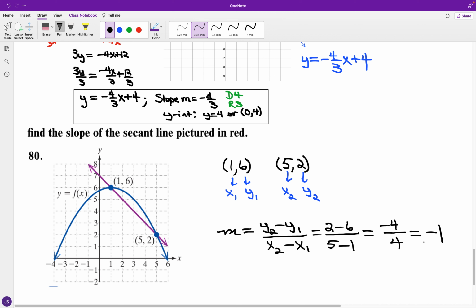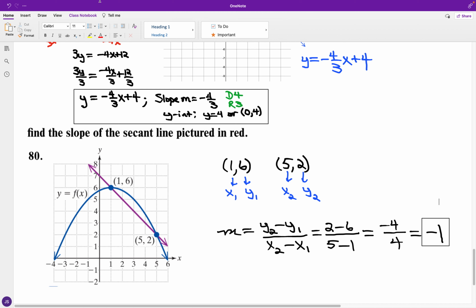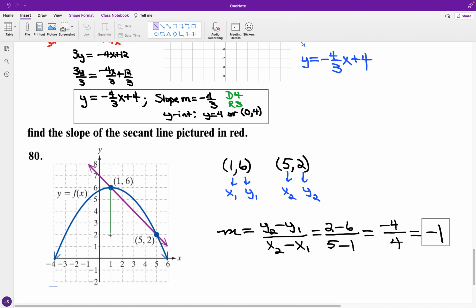So the slope, okay, that is going to end up as -1. Okay, and you can do that through the use of the ordered pairs, but also you could take what we have, going from (1, 6) to (5, 2).